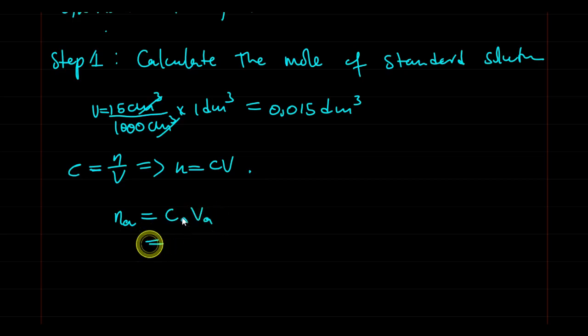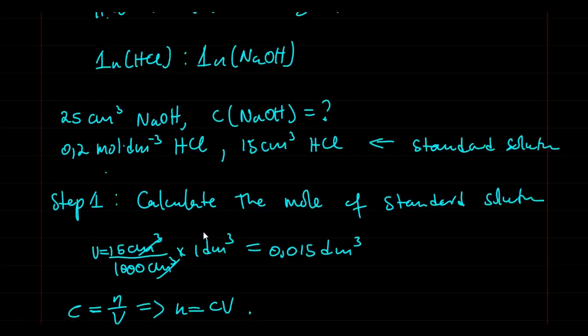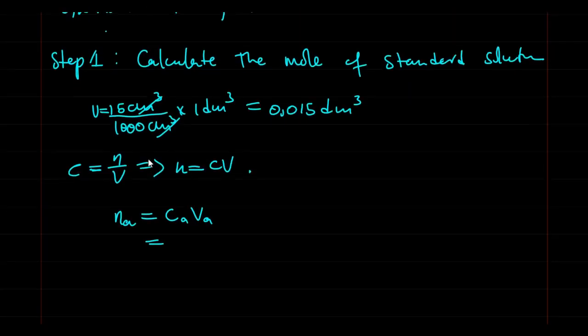Okay, so now Ca, it is the concentration that we were given, which is 0,2 moles per decimeter cube, multiplied by the volume that we just converted, 0,015 decimeter cube.